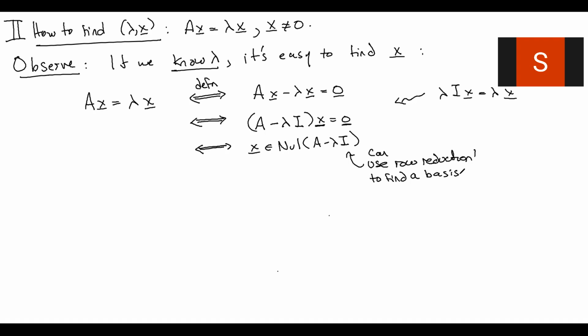Can you explain why we need to row reduce? Like, what does row reduction do? Oh, well, row reduction is something that allows you to solve a linear system, right? And now this A minus lambda I times x equals 0 is a linear system in the variable x. So if we know lambda, you treat lambda as a constant, right?